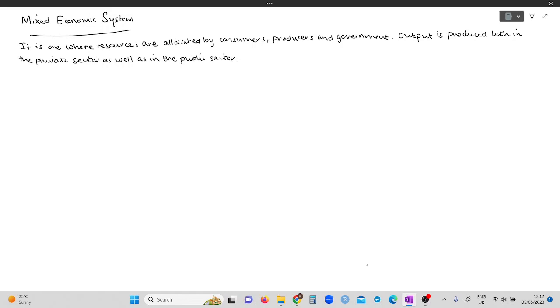Okay, the characteristic, though, is the coexistence of profit maximization objective, which is the private producers' aim to maximize profit, and the government's aim to maximize social welfare. So, coexistence of profit maximization motive and social welfare.